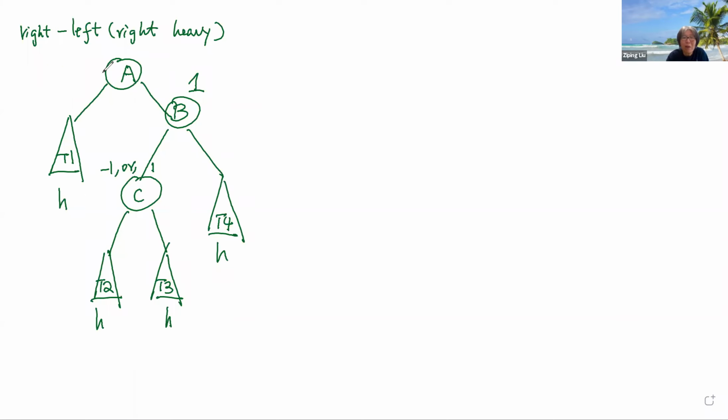For node A, its balance factor: here you have the longest arc, which is 3, and here you have 1 on the left. So the left minus the right is -2. In this case, node A's right subtree is heavier than its left subtree, so we say it's right heavy.